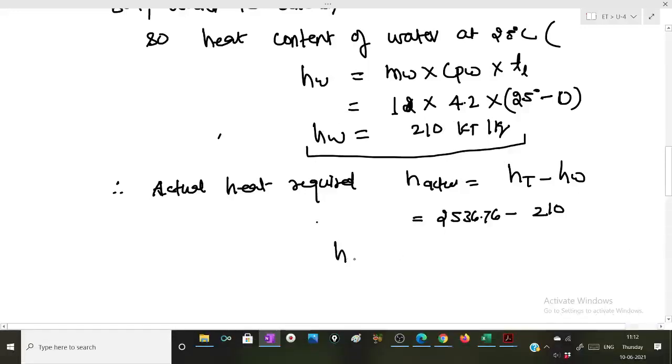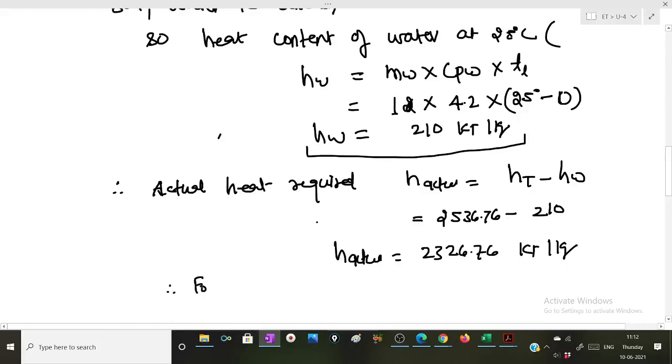So h actual will be 2326.76 kilojoule per kg.